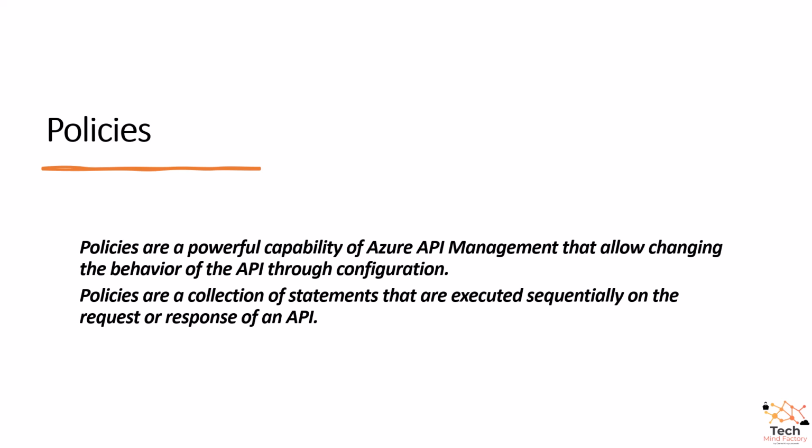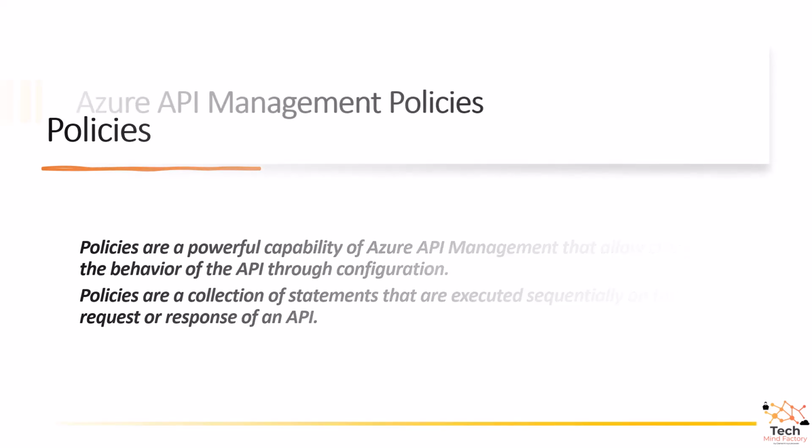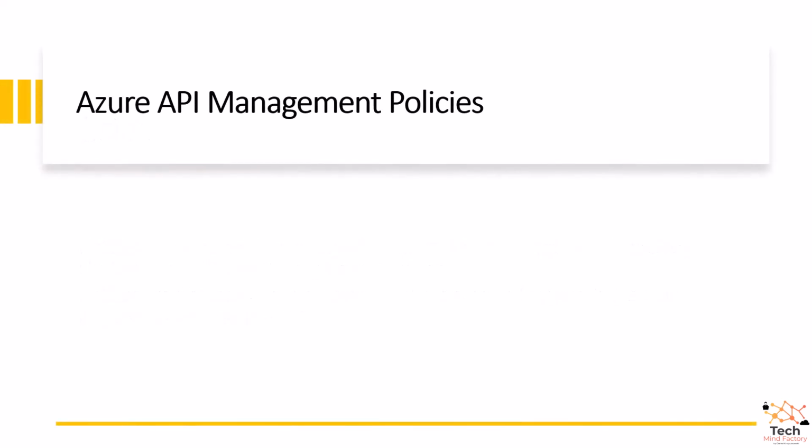Policies are a collection of statements that are executed sequentially on the request and response of an API. In this scenario, we can define different kinds of policies that will be executed when we call our API. So let's discuss some of the policies that are available in Azure API Management.